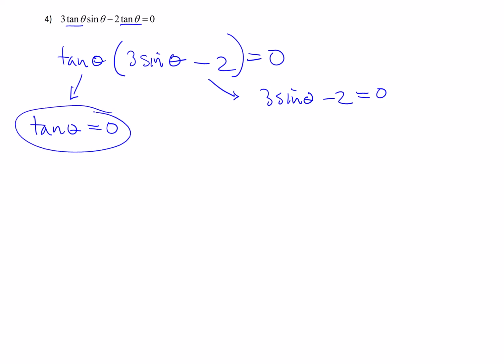So in the first case where you have tangent theta equal to 0, remember tangent, we redraw these tangent values on the unit circle in the previous topic. You can review that or redraw them yourself or look at your unit circle. Tangent is equal to sine over cosine. The question is, where is that equal to 0? And actually it's in two places.